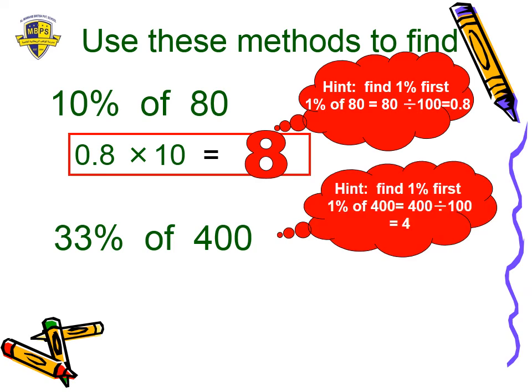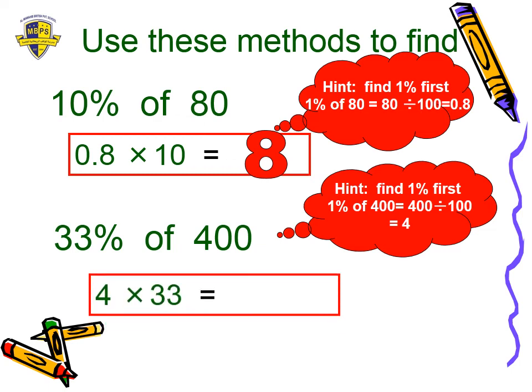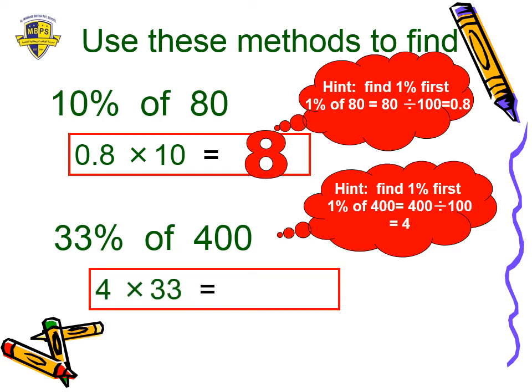Cancel these 2 zeros with 2 zeros. Give you 4 divide 1. 4 divide 1 equal 4. Good. This is 1%. To find 33%, we multiply by 33. Excellent. So 4 multiply 33 equal 132.